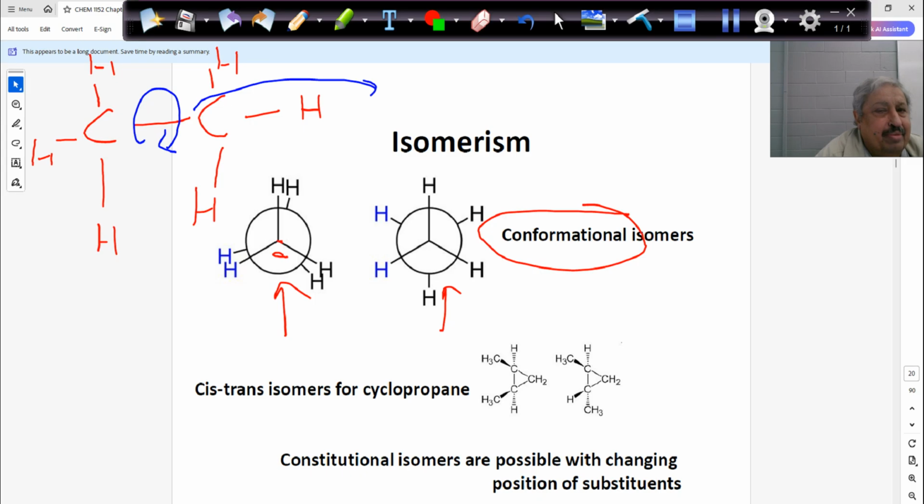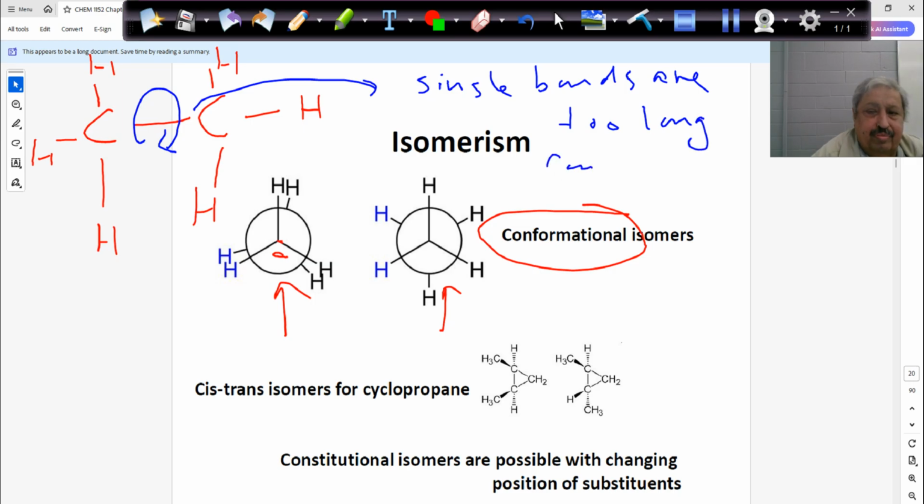Why is this happening? Because single bonds are too long compared with double and triple bonds. Triple is even worse.